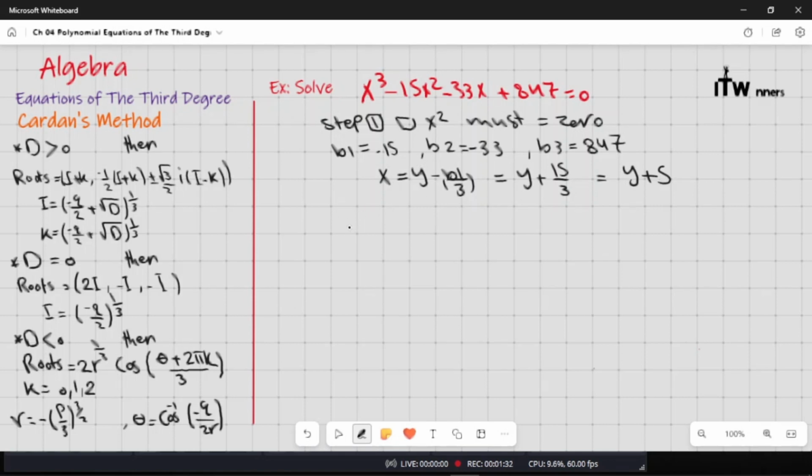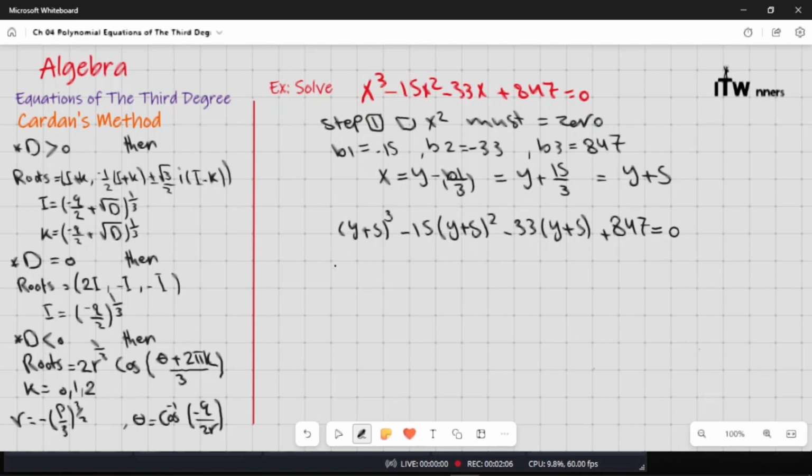This gives (y plus 5) cubed minus 15 (y plus 5) squared minus 33 (y plus 5) plus 847 equal to 0. We will expand our brackets.